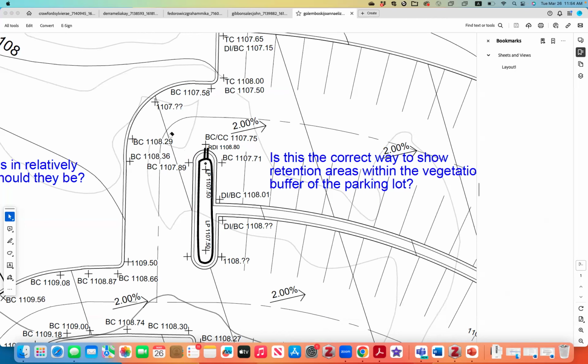And which contour number is this one? Is that 8? This is 8. Yeah, that's 8. So your curb cut, it looks like your RDI is a little high. That makes sense? Could be 7.8 or well, even lower, right, than the curb cut. If the curb cut is 7.89, you can do your RDI at 7.39.